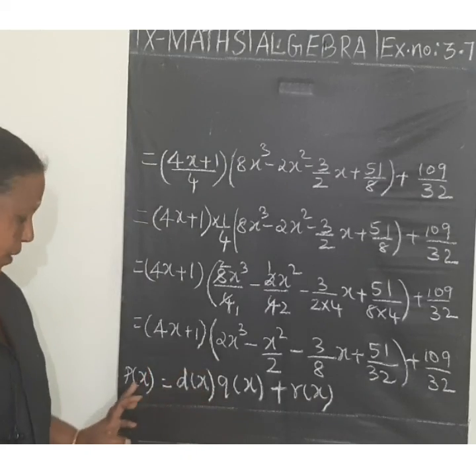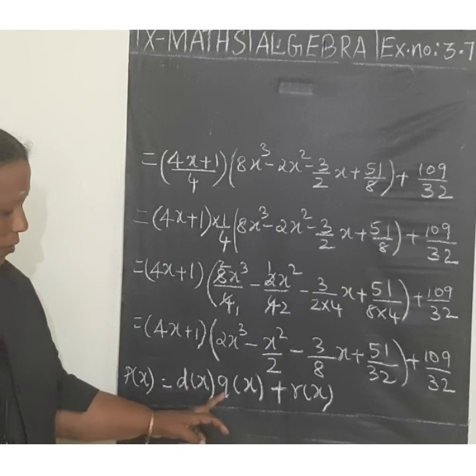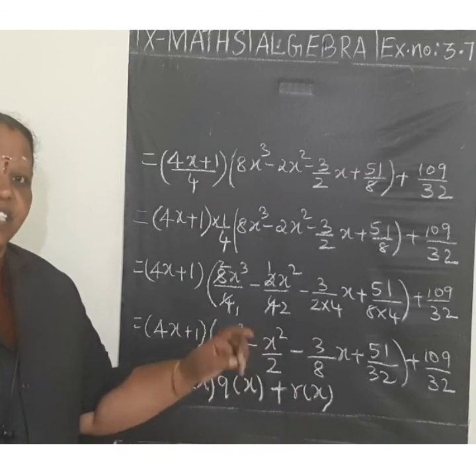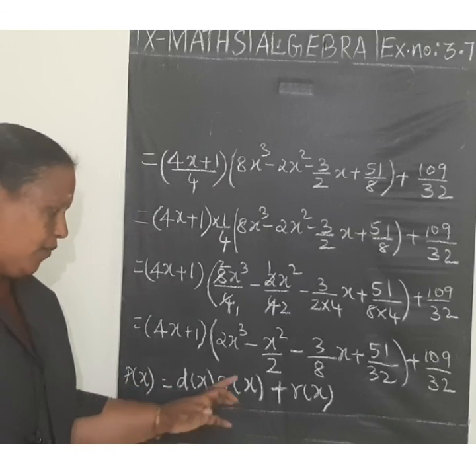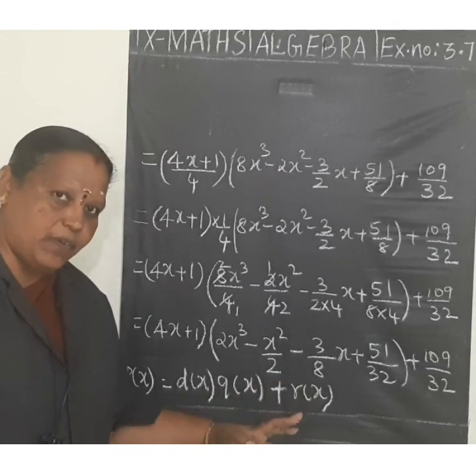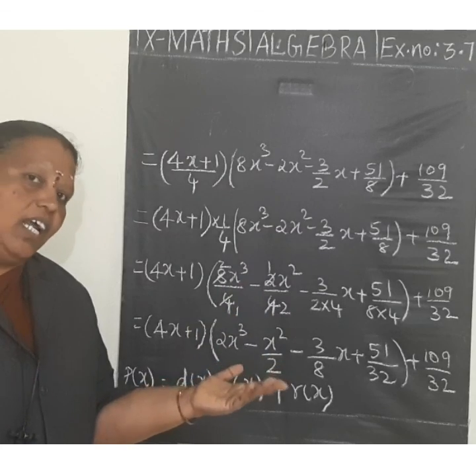So now p of x is equal to d of x into q of x plus r of x, which is the division algorithm. If our division satisfies this, p of x equals d of x into q of x plus r of x, we call our division correct.